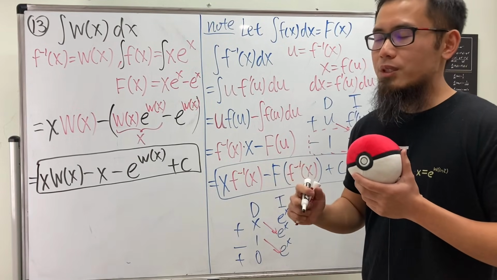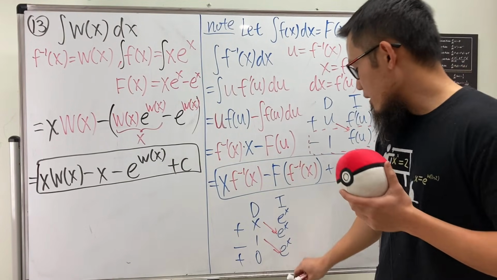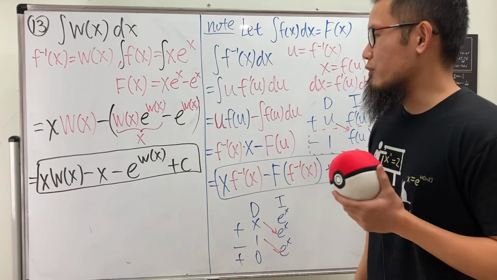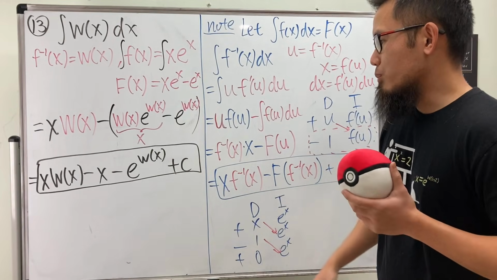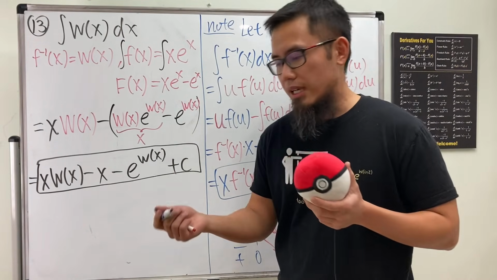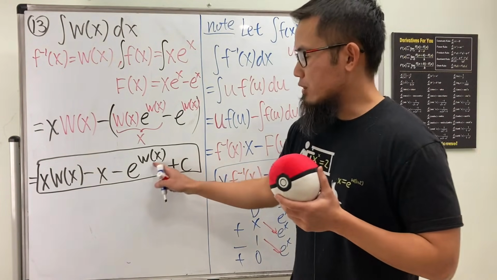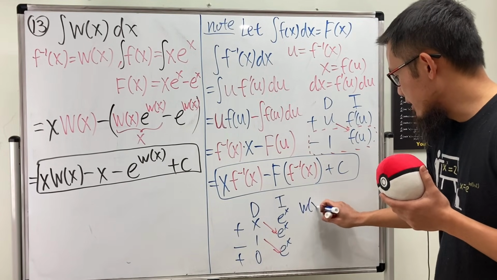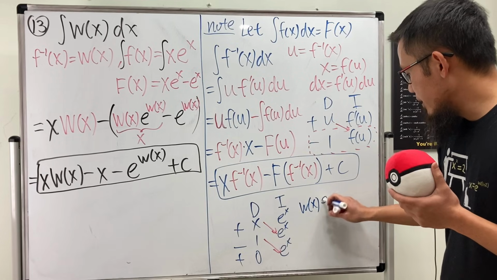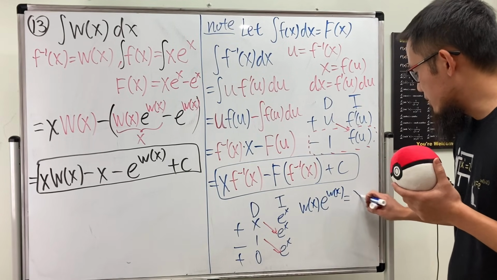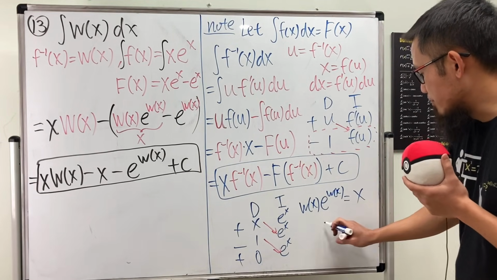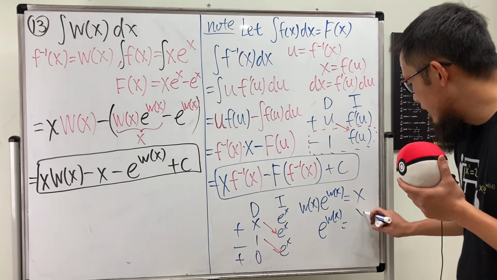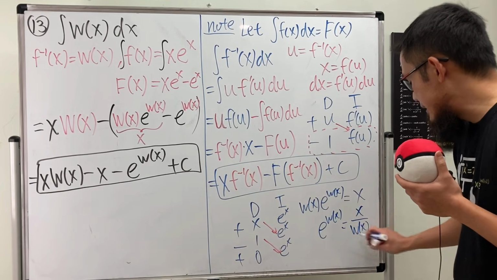But if you want to end up with the answer on Wikipedia, then you can do the following. And that's where I get most of my information, of course, I'm adding some of my own presentation as well. They just fix this guy right here. So another thing that you can see is, we know W of x e to the W of x is equal to x, right? We can divide by W of x on both sides. So this is equivalent to saying e to the W of x equals x over W of x.